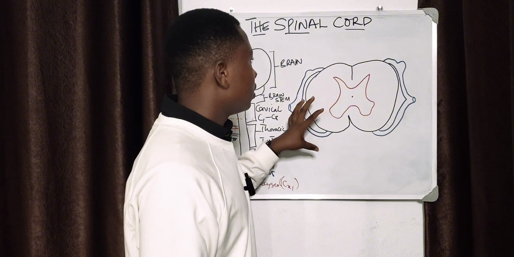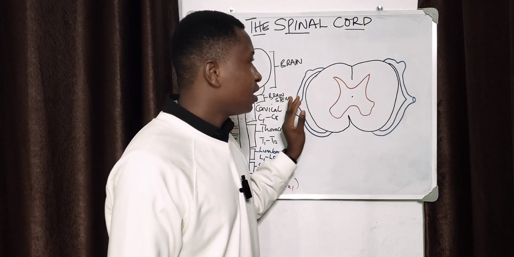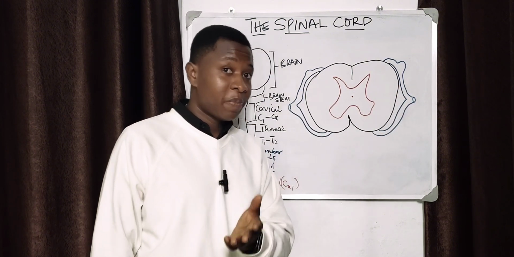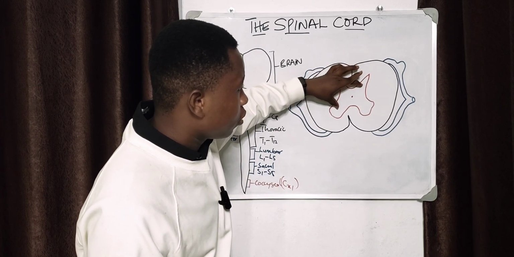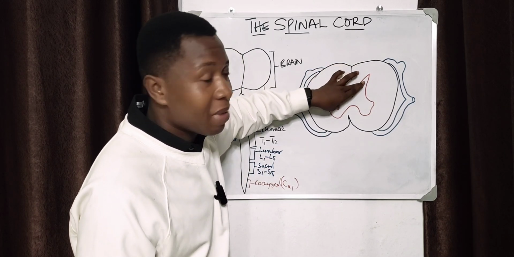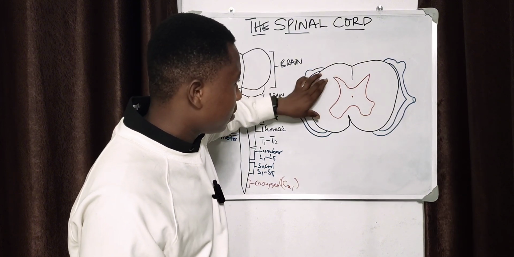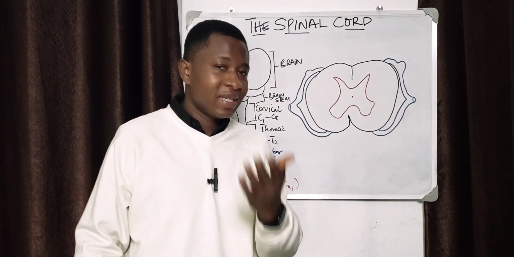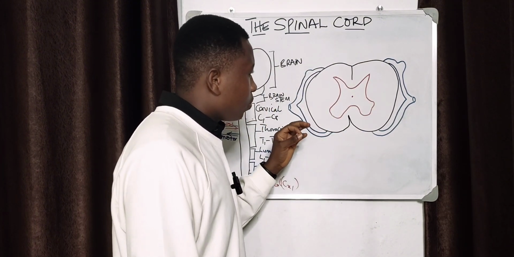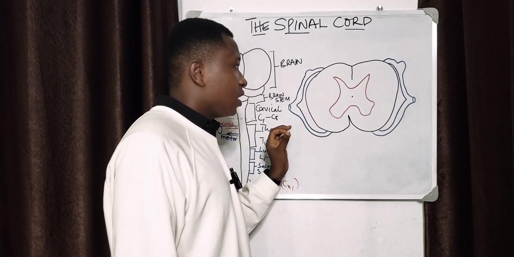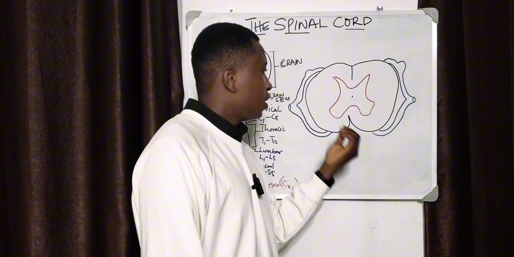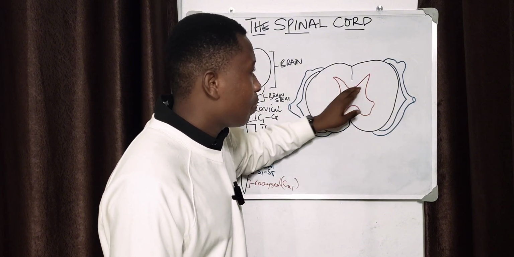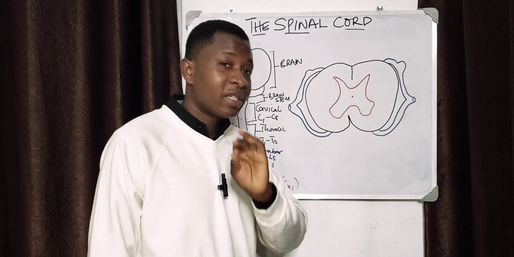Now, this diagram represents the transverse section of the spinal cord. This part drawn in red is the gray matter, and this other part is known as the white matter. Now, the difference between these two parts is that when a nerve cell has to communicate with another nerve cell, that is done in this portion of the gray matter.